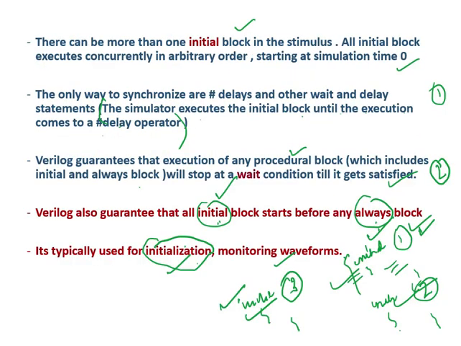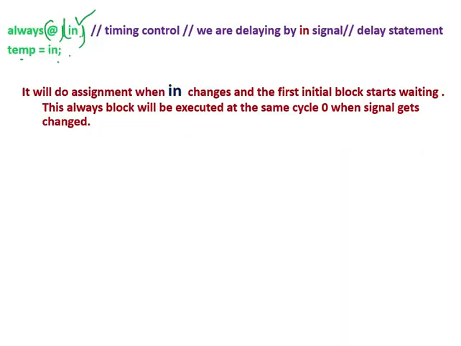See what is written here: the simulator executes. The only way to synchronize are hash delays and other wait and delay statements. How is the synchronization done here? In the initial, always, all these procedural blocks, by this delay statement, which is a timing control statement.